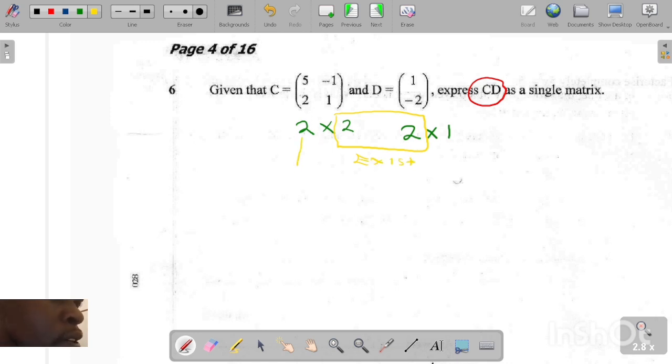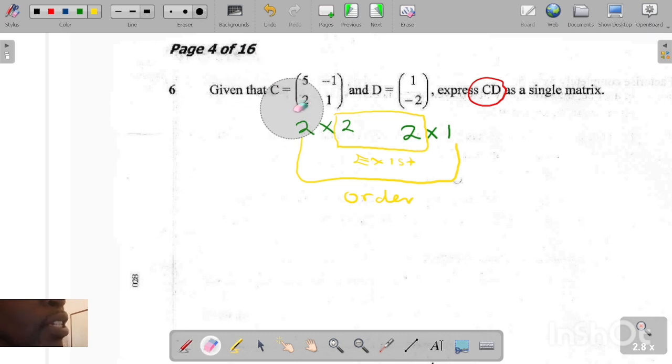What about the outside numbers? The outside numbers tell you the order of the matrix that you are going to find after multiplying these two matrices. So the answer we are going to find will be a 2 by 1 matrix.